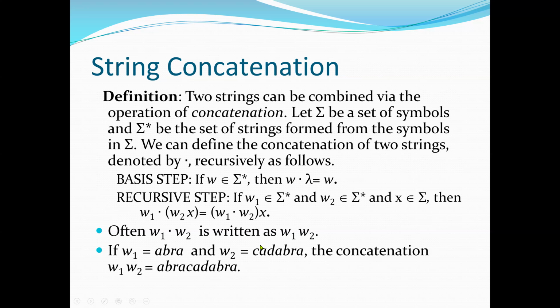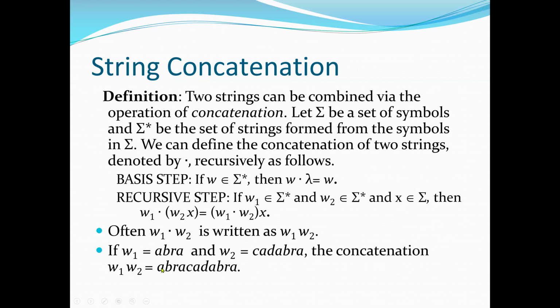Now, in terms of the recursive step, we say W1 belongs to summation star, W2 also belongs there, and X belongs to the summation. Then W1 times W2X gives W1 times W2 and X. And often W1 times W2 is written as W1W2.